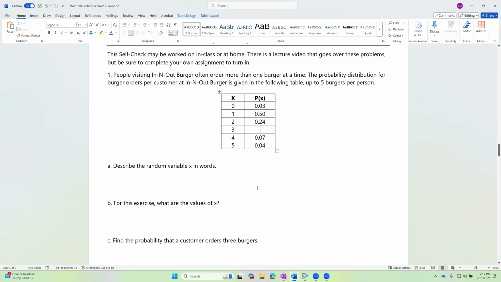Part A says describe the random variable X in words. So what we want to do here is just describe what is going on in this example. X equals the number of burgers a customer orders at one time.